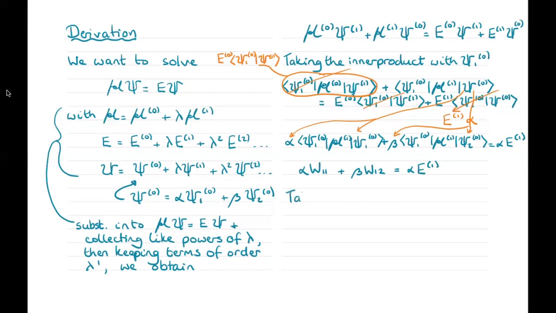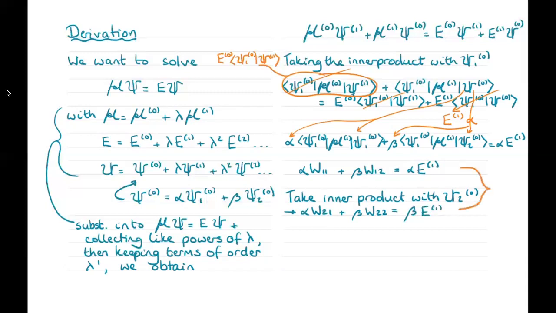Then we can take the inner product in exactly the same way with psi 2 0, and that gives us alpha W21 plus beta W22 is equal to beta E1. So here with this trick, we've ended up with two simultaneous equations.